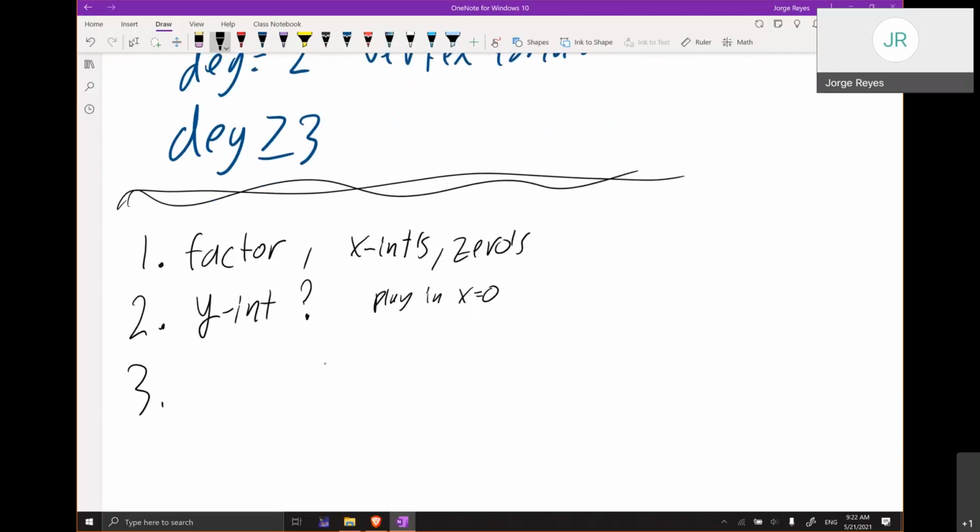Step 3 is you need to know end behavior, which is why I taught you this at the beginning of the section. You need to know where the arrows go.